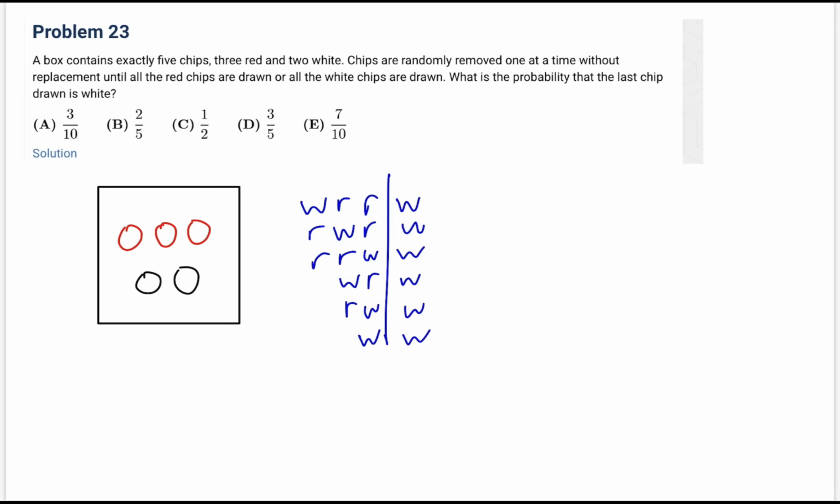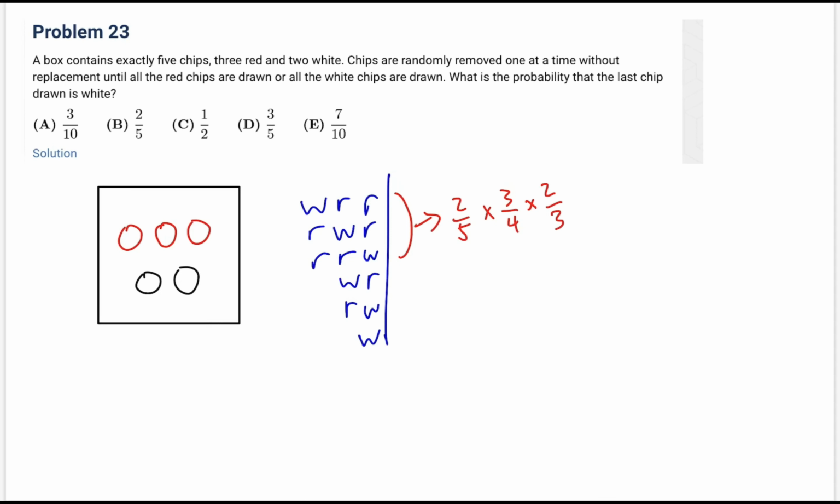And what's the probability that the last chip drawn is white? So for these ones, we can say that this is 2 over 5. So first we'll draw the white chip, right? 2 over 5 times the red chips, 3 over 4, and then times 2 over 3.